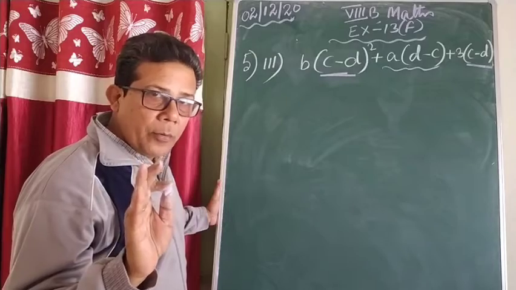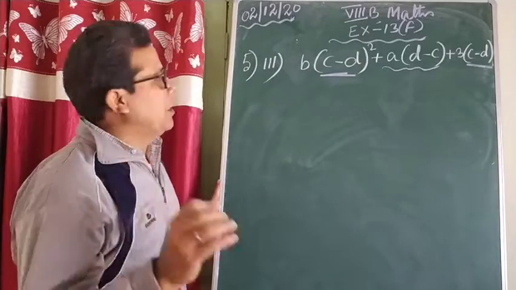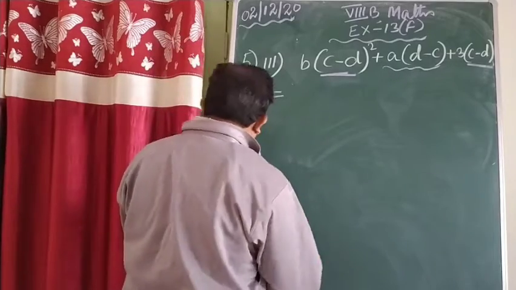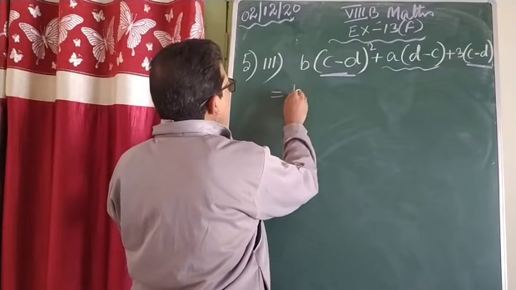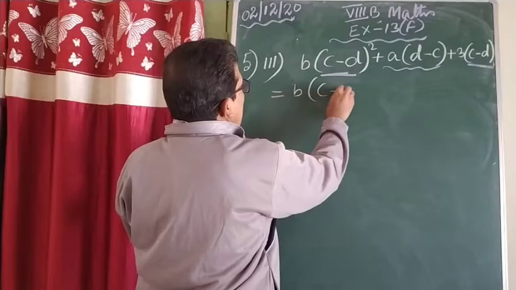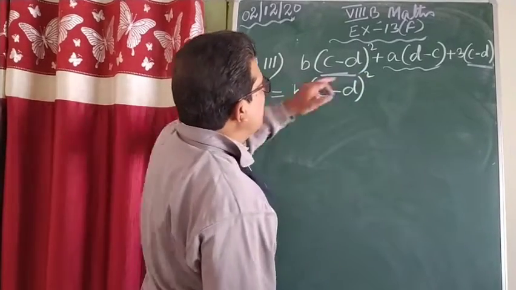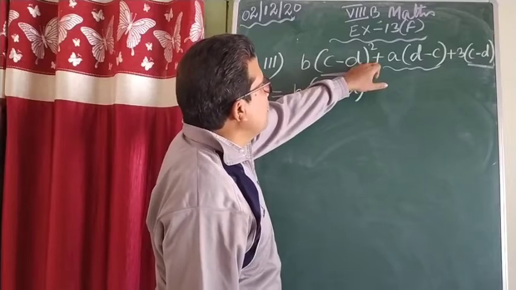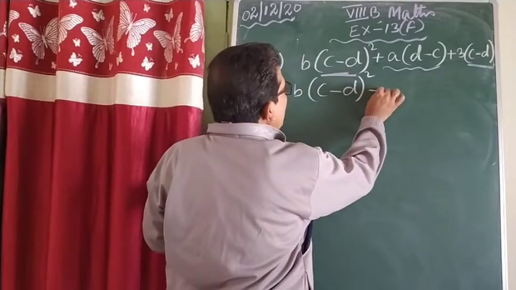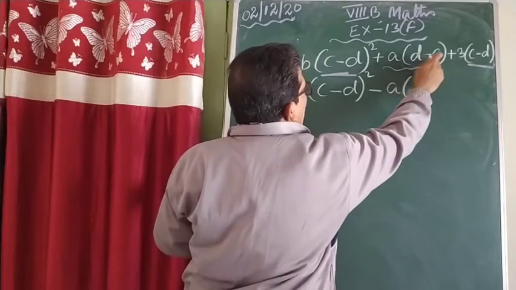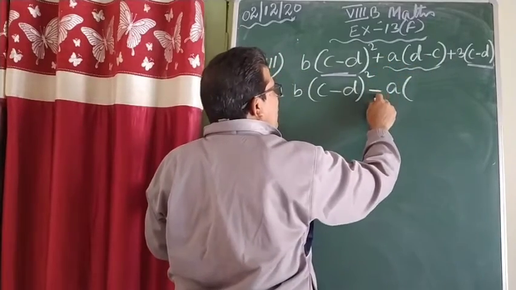This type of problem is not done yet. How can we do it? Please look at me, you will understand. I am going to do here B times (C minus D) whole square. Now here, what sign is there? Plus sign. So if I make it minus sign, these two signs will change, because earlier plus was there.